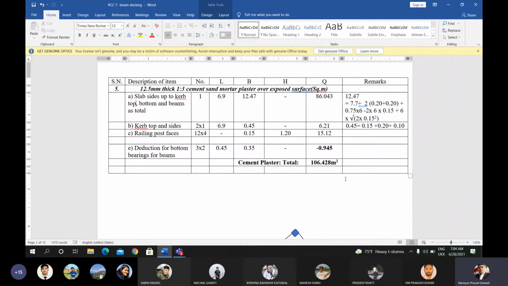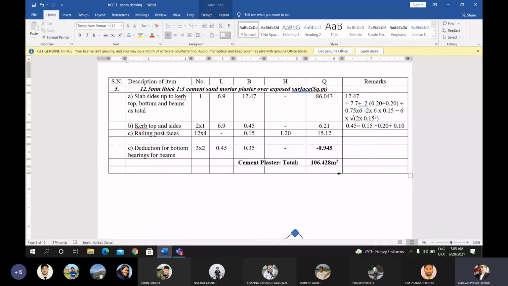For the portion of the slab or beam on the ends that is being filled up by the road metals, you don't need to plaster the ends along the longitudinal direction of the road.